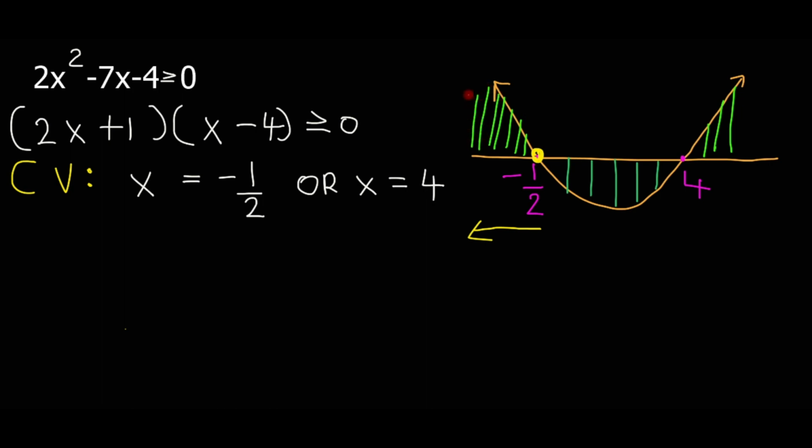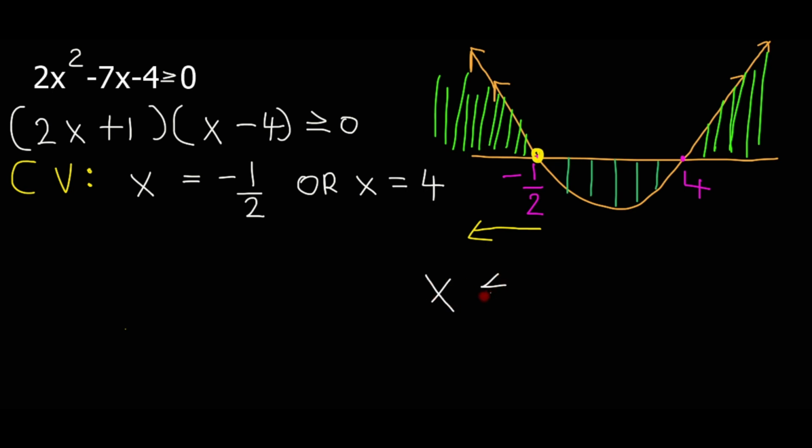Remember this arrow means our graph continues upward forever and ever. So that is why going to the right and also going to the left we know where we end.